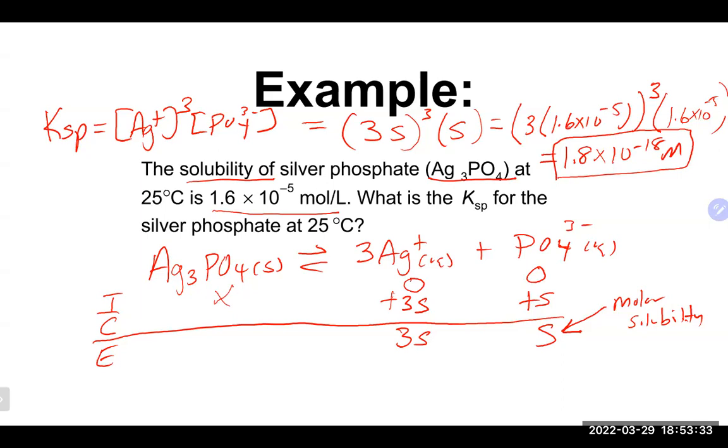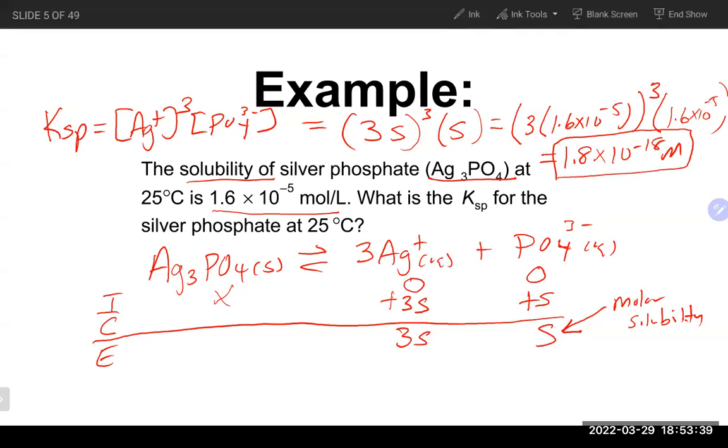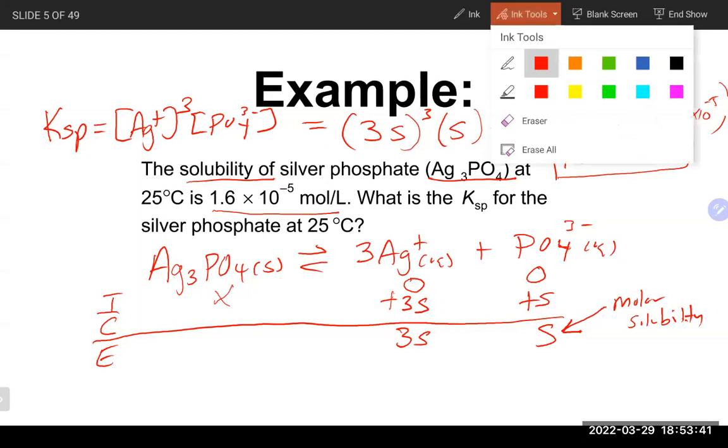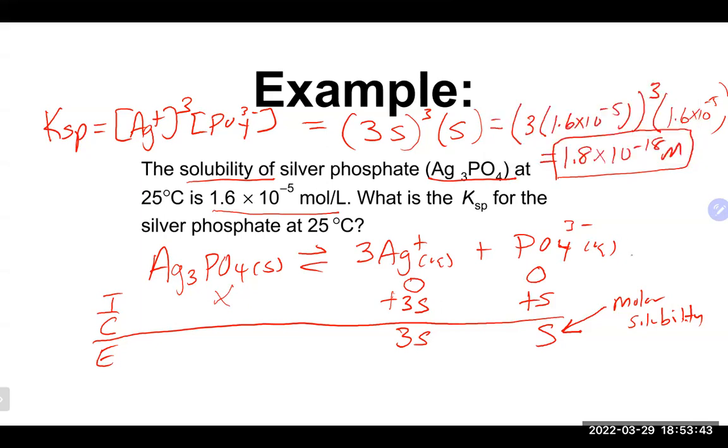Any questions on that? Now, I said you don't really need to do an ice table here if you understand molarity and concentration and how it works when you break apart into ions. That's really what the ice table can do for you if you're not sure about that stuff.